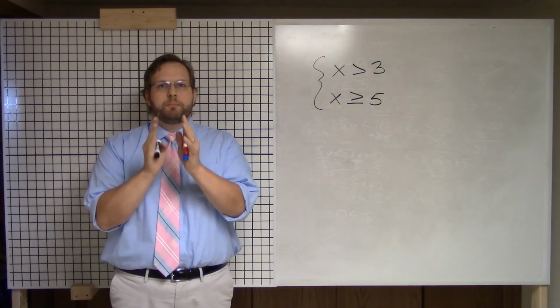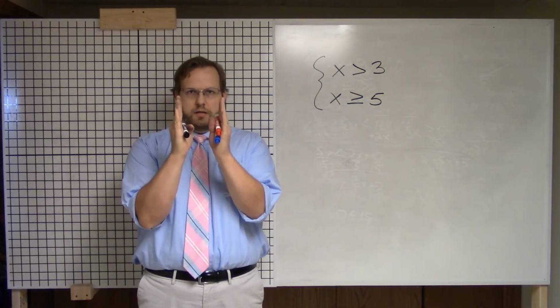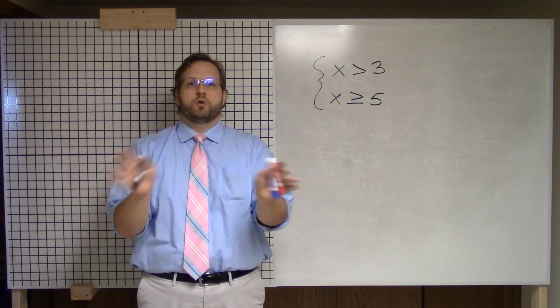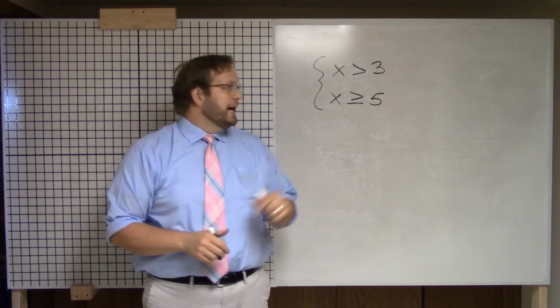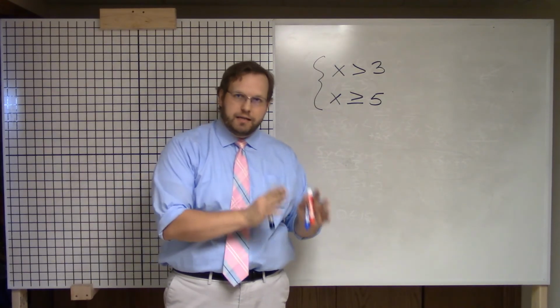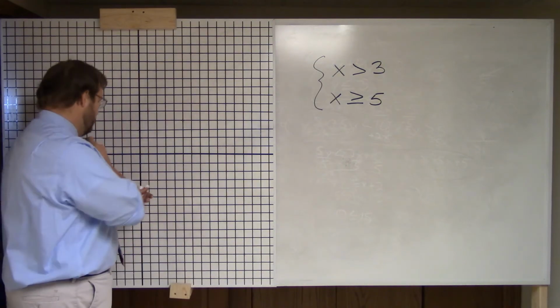If you remember back in chapter 4, vertical lines are parallel. They're never going to cross. In chapter 4, we would automatically just say, no solution, move on. However, in this case, it's not the lines we're looking at. It's the shading that we're looking at. So if we were to graph this, watch how this plays out.